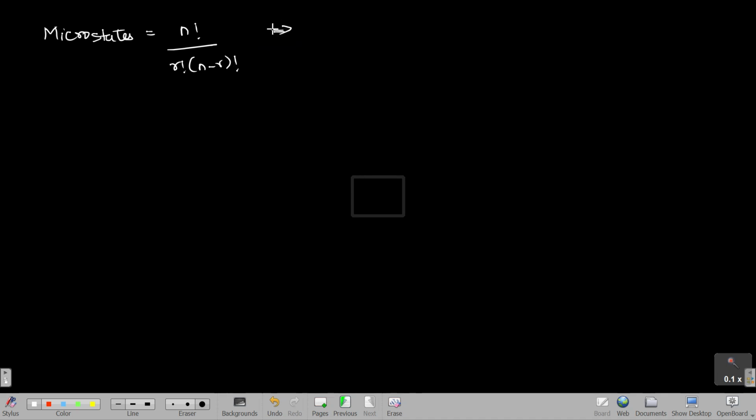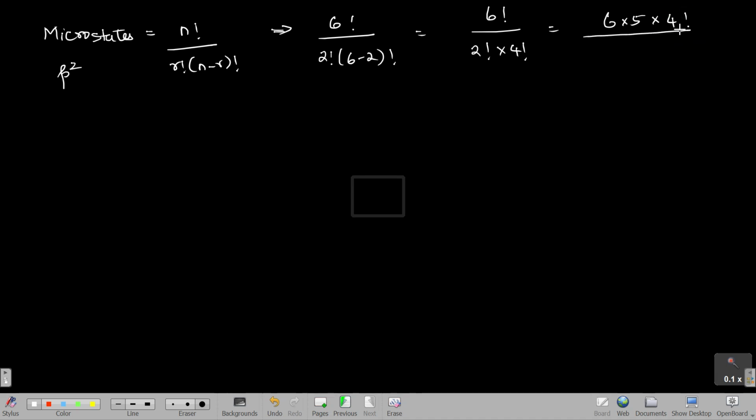The configuration that was given to us is P2, so the maximum number of electrons is 6 and the number of electrons filled is 2. So this is going to be 6 factorial divided by 2 factorial into 4 factorial. The 4 factorial gets cancelled. 2 3s are 6, 5 3s are 15. So the number of microstates possible is 15.